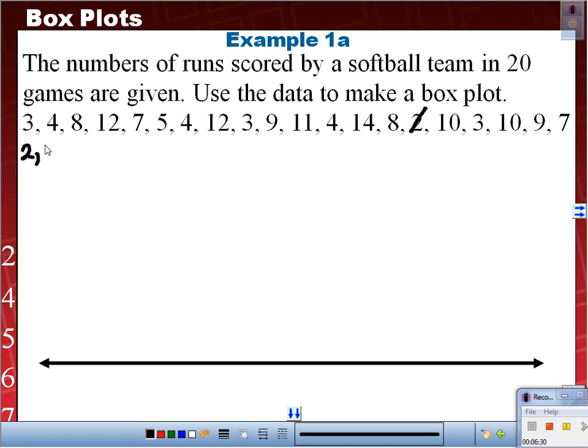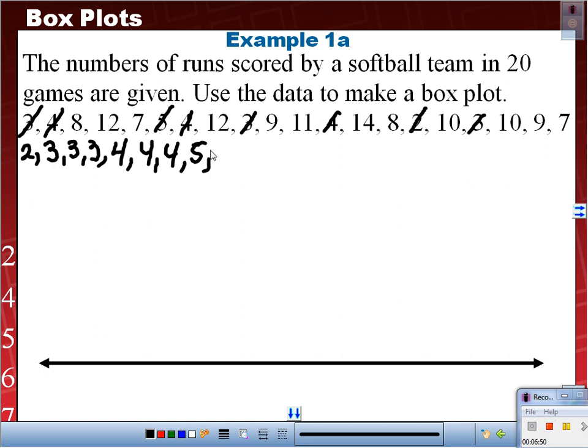We start with the smallest number, which is 2, scratch 2 out. From there, the next one is 3. There's 3 3s. There's 3 4s. Scratch those out. There's 1 5. There's 2 7s. There's 2 8s.